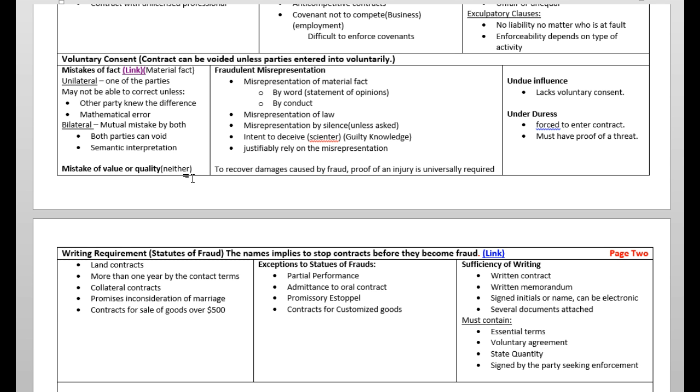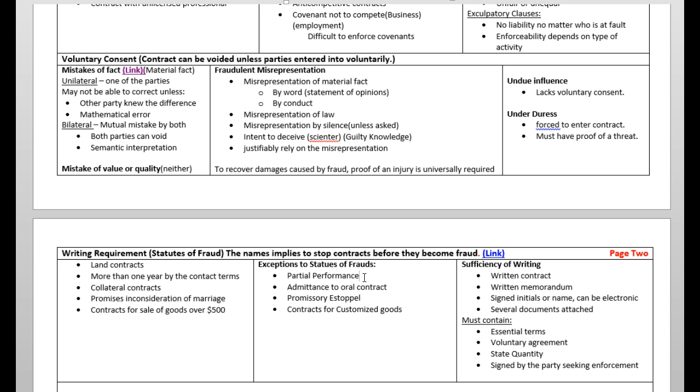There are some exceptions to the statutes of fraud, being if a contract's been partially performed, you may not be able to void it. If somebody admits to an oral contract that was supposed to be written but says, yeah, that was our agreement, that contract could still be valid and non-voidable.